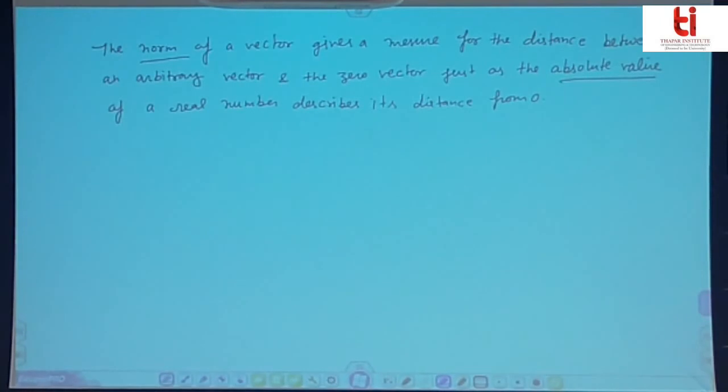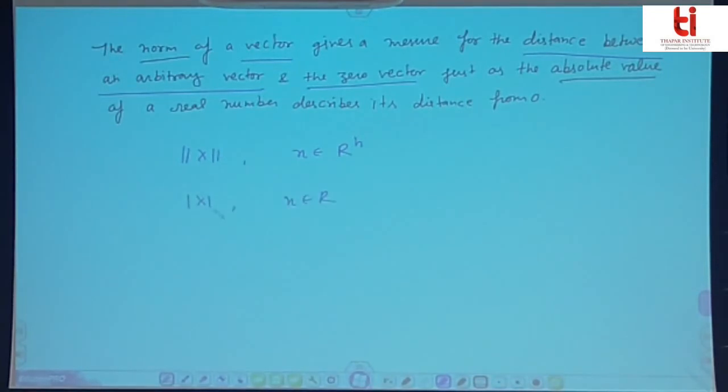So the norm of a vector denotes the distance between the arbitrary vector and the zero vector. If we are writing norm of x, then x should be a vector, and its norm denotes the distance between x and the zero vector. If we write the absolute value, then x belongs to the real numbers.